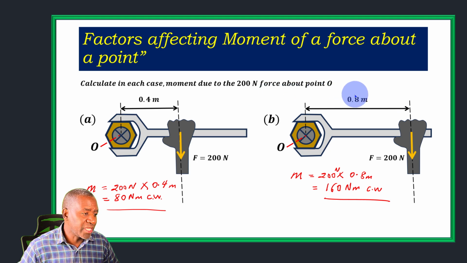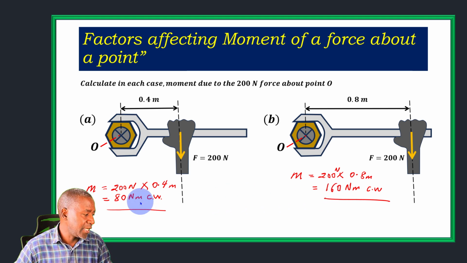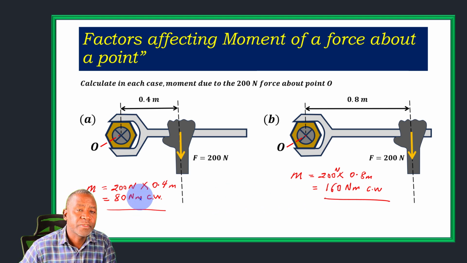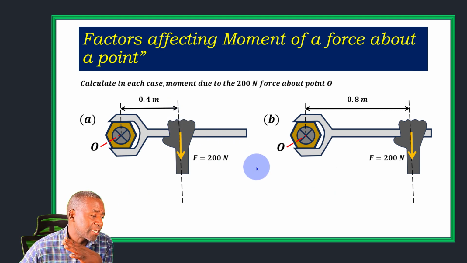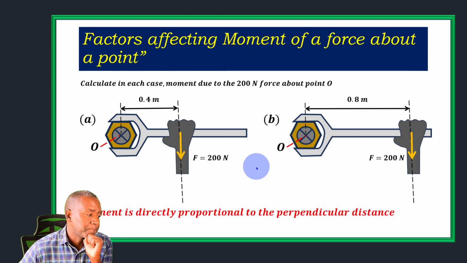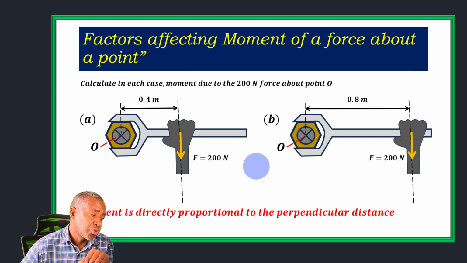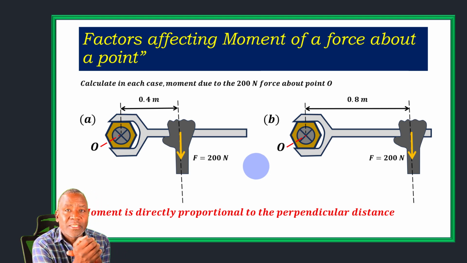When we double the distance, observe that the moment doubles. 160 is twice 80. So, perpendicular distance is one of the factors which affect moment of this force about the point. So we are going to say that moment is directly proportional to the perpendicular distance.